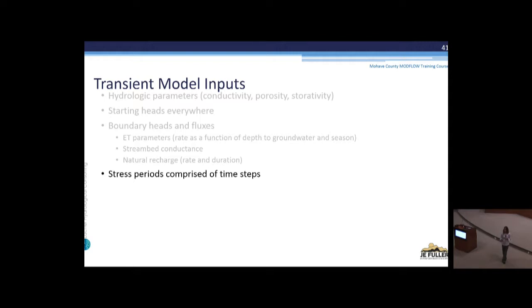You may want a monthly time step. You may want a decadal time step. And it can vary within a model. You may model the first 70 years when you didn't have much data as 5-year time steps. And then when you get into the current period where you have a lot more information, you might break that down into 6-month intervals or something like that. So it can vary according to the data you have and your interests.